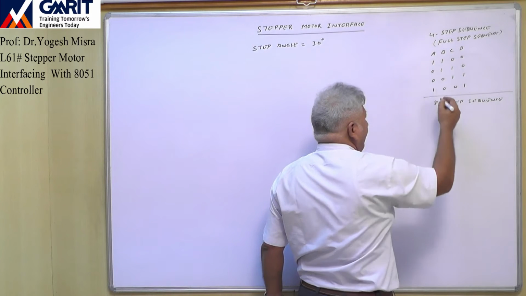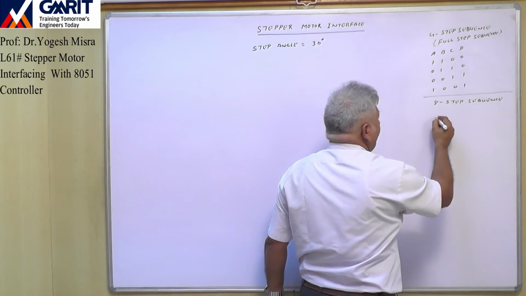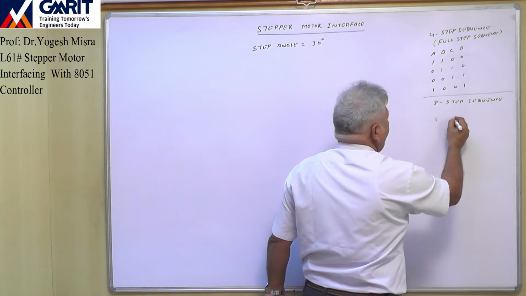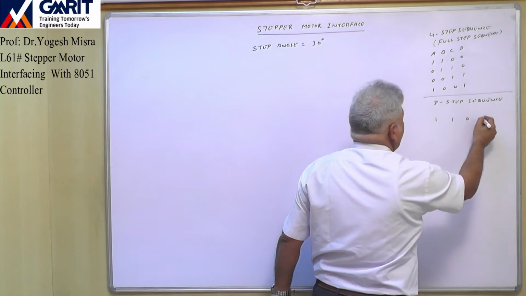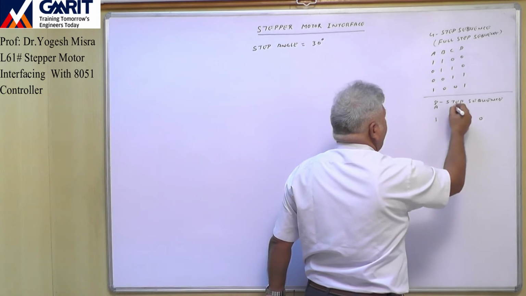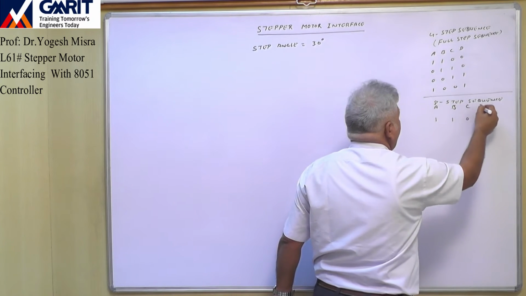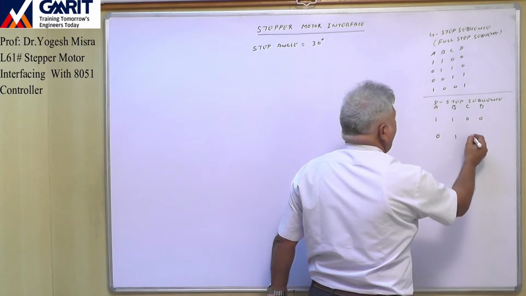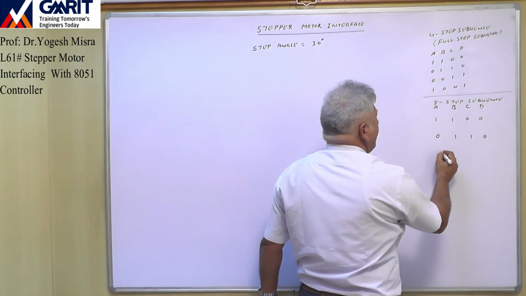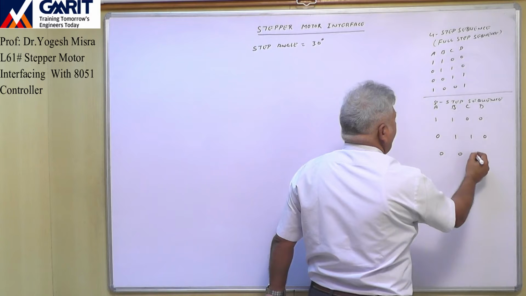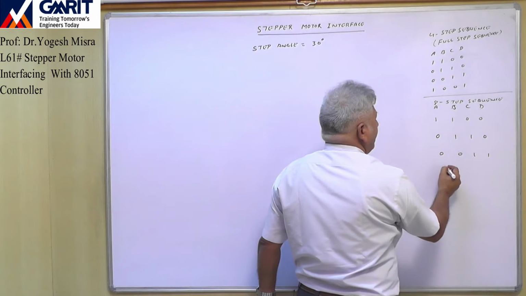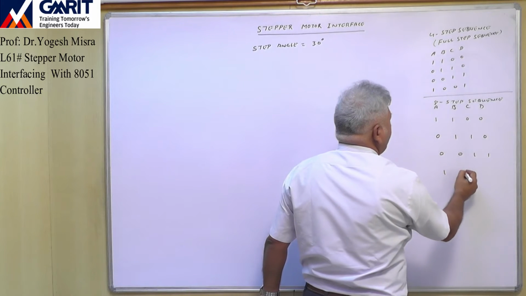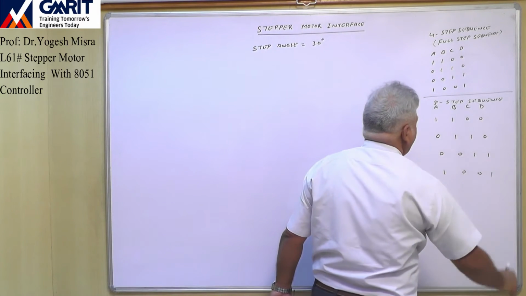First we will write the same 4 steps, 1, 1, 0, 0, like this, A, B, C, D. Then 0, 1, 1, 0, and 0, 0, 1, 1, then 1, 0, 0, 1.